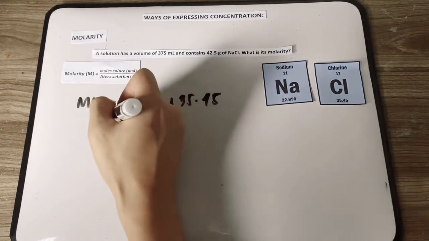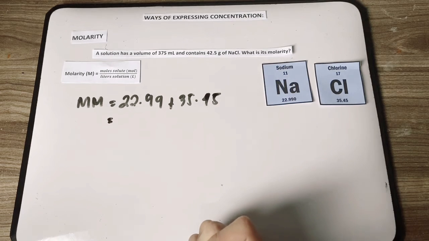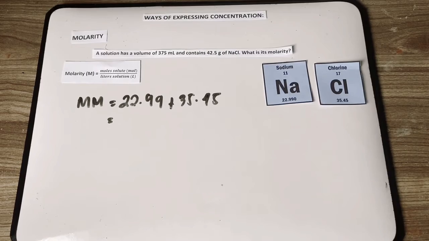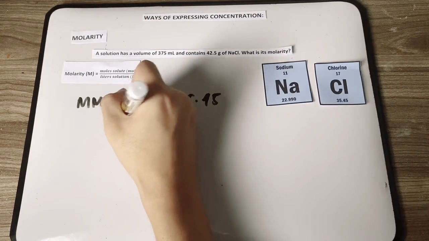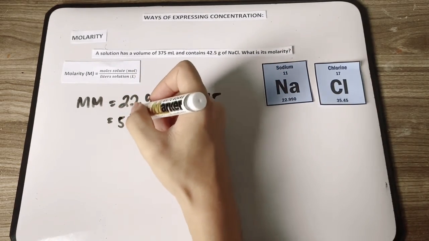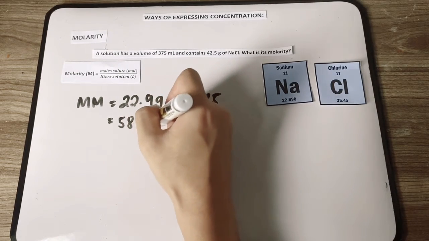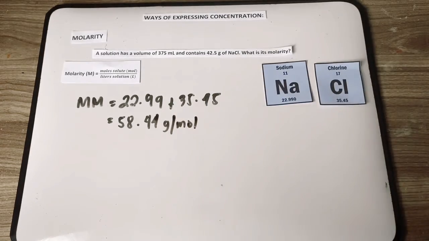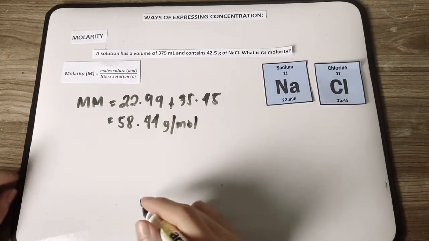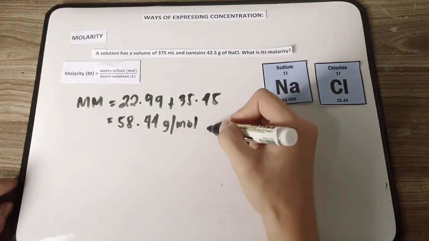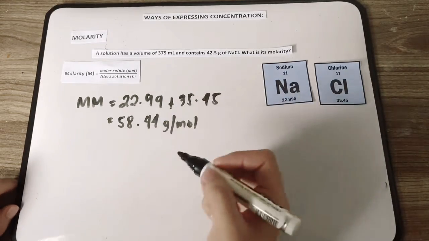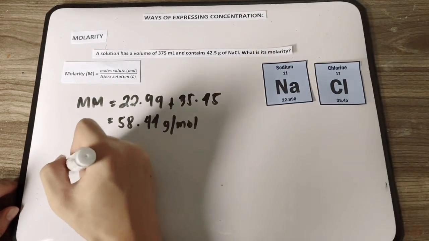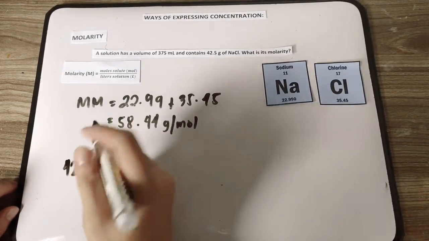And we're going to add them, and it will give us 58.44 grams per mole, or we can just write it as 1 mole over 58.44 grams. So now that we have the molar mass, we're now going to convert our solute into moles.